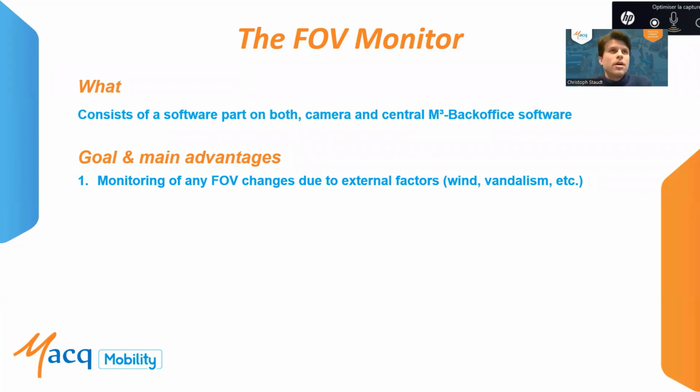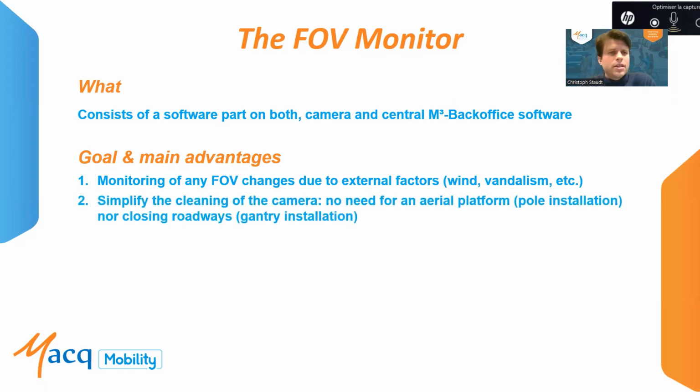That means if the camera is moving too much due to wind, of course there are some tolerances, or if it's even moved due to vandalism, the pole is broken down by somebody, then the field of view monitor captures this change and sends an alert to the back office.